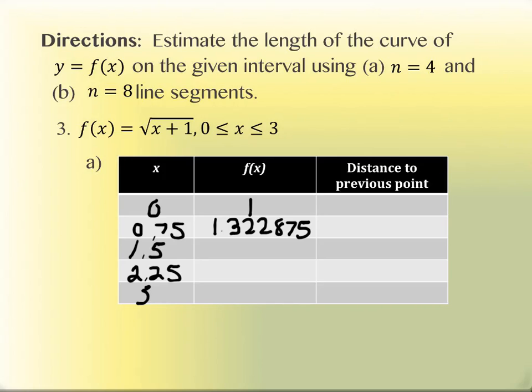The next one is 1.581138, if I don't round. All right, so at 2.25, I've got 1.8027775, and at x equals 3, it's the very nice y value of 2.